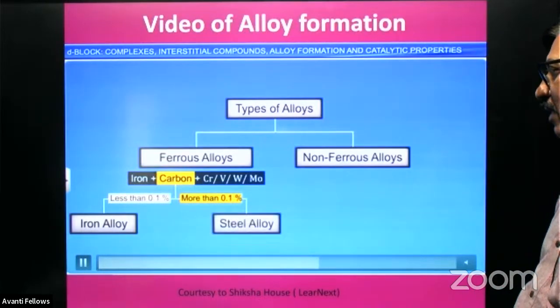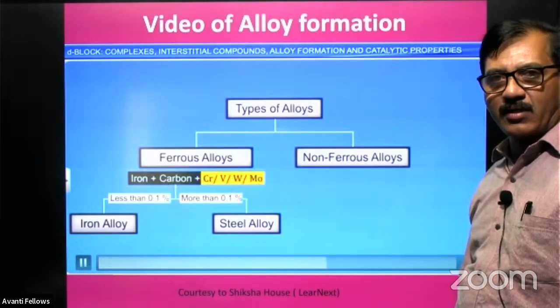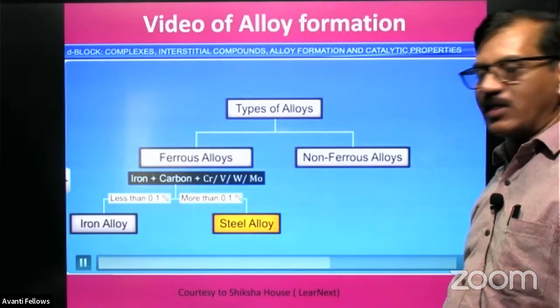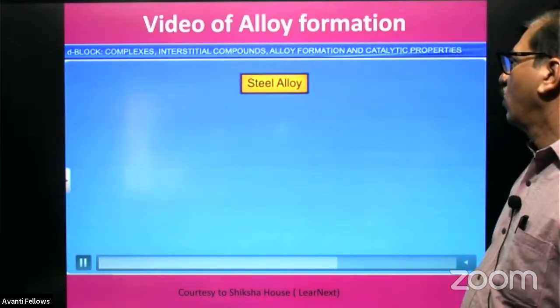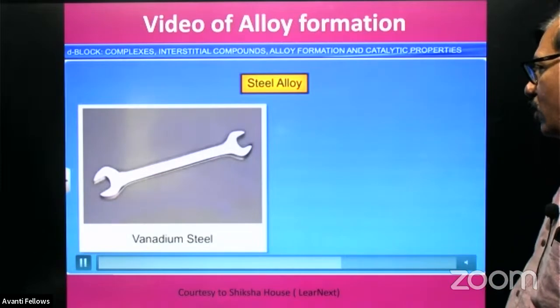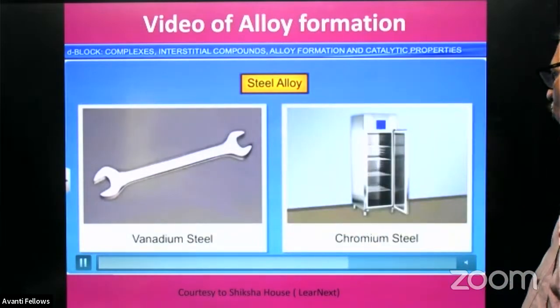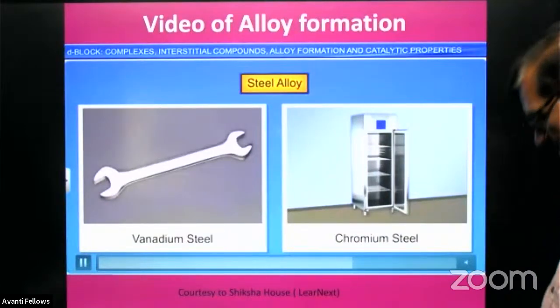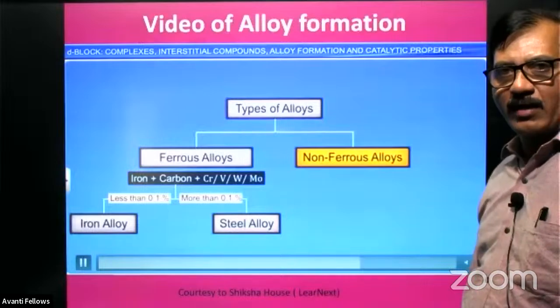If it is less than 1%, then this is called wrought iron. Then this is vanadium steel. You have come across all these things, chromium steel. When you add chromium and nickel, it gets that glittering, smooth surface.